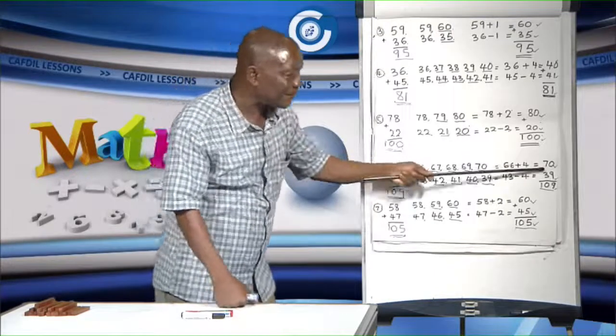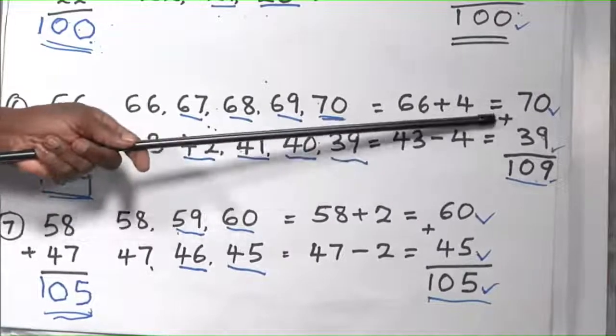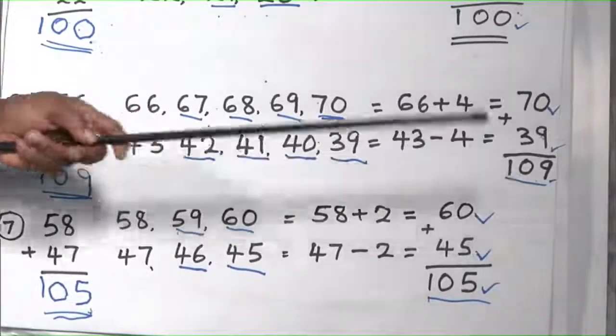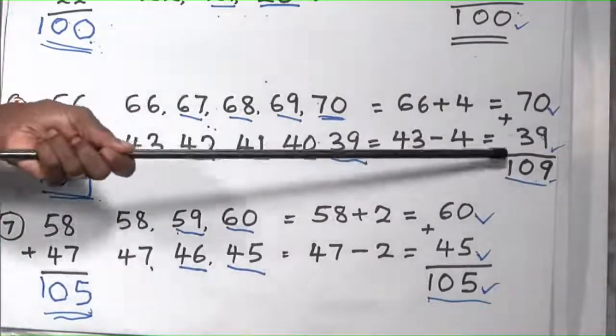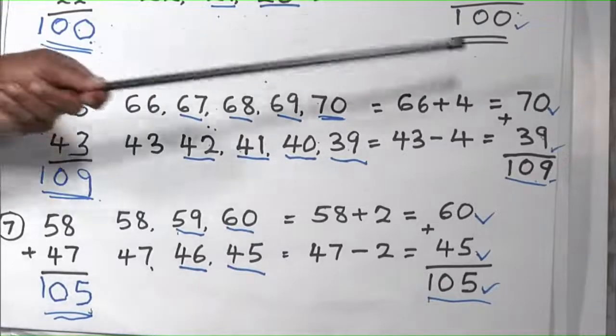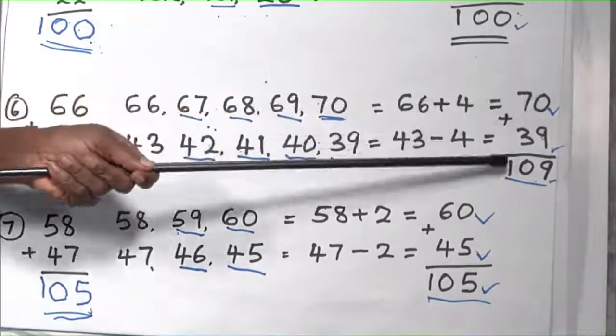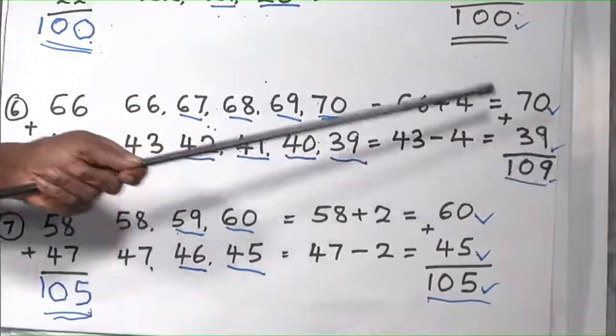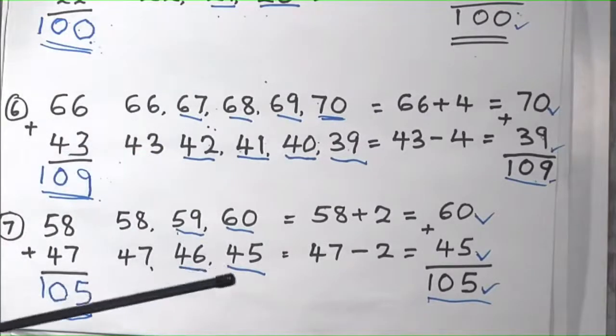And 70 plus 39 also gave us 109. That means 66 plus 43 is equal to 70 plus 39, all being 109.